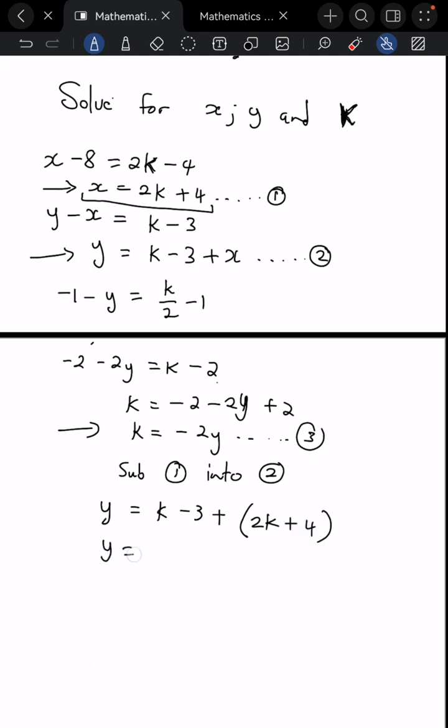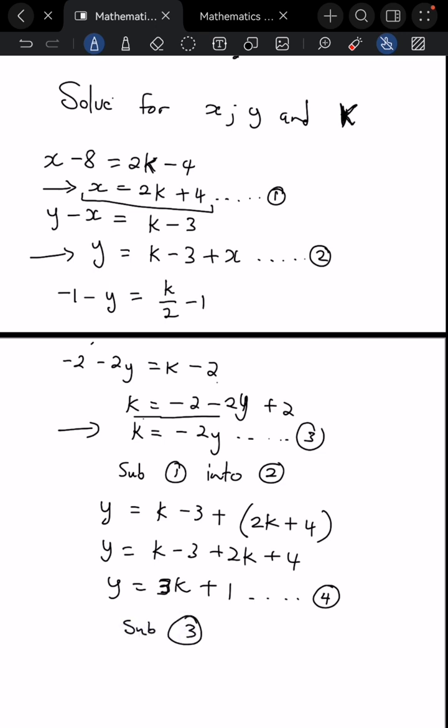Therefore y = k - 3 + 2k + 4, so y = 3k + 1. This is our equation number 4. Equation 3 is k = -2y. Now we substitute equation number 3 into equation number 4.